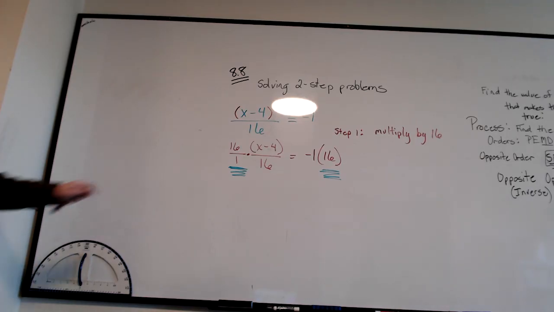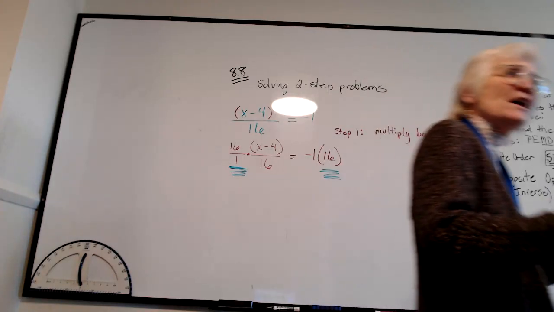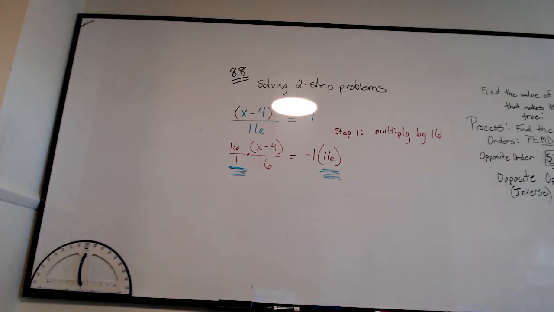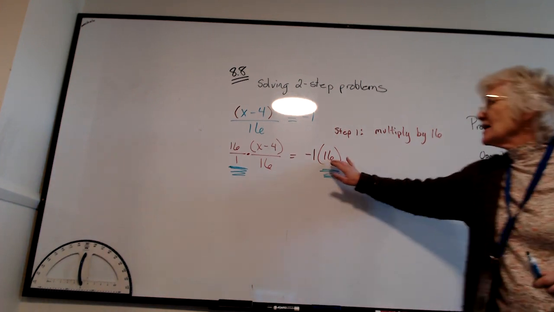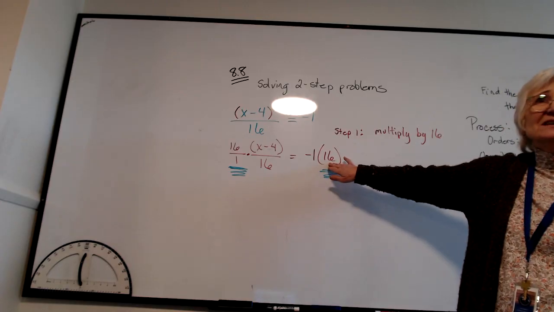All I did was write this as a fraction, because you have a fraction on the other side. Because some of you get confused if I don't write that fraction there. This one I don't have to write as a fraction because it's just negative 1 times 16.